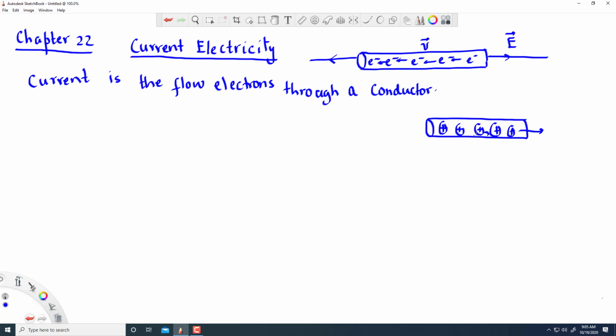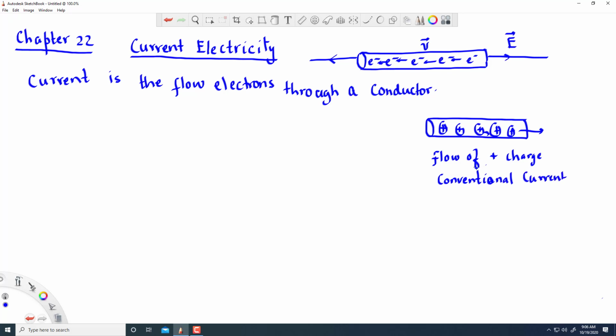But now we know it's the electrons that flow in a conductor. But we still use this convention where we assume that there is flow of positive charge in a conductor. This convention is what we call conventional current. Okay.